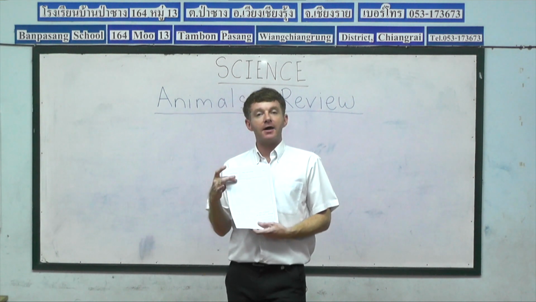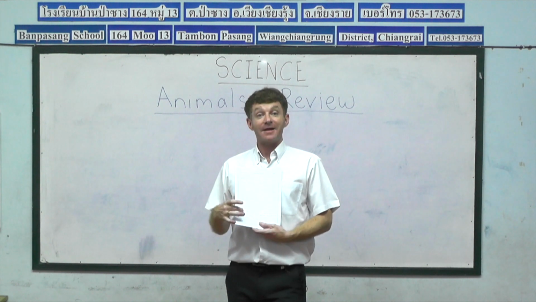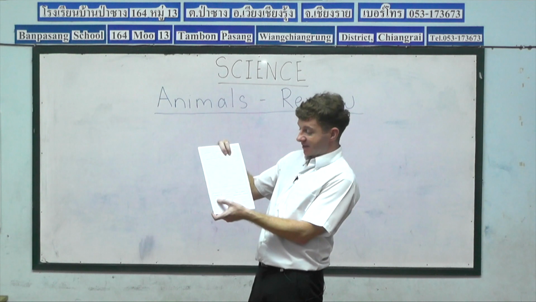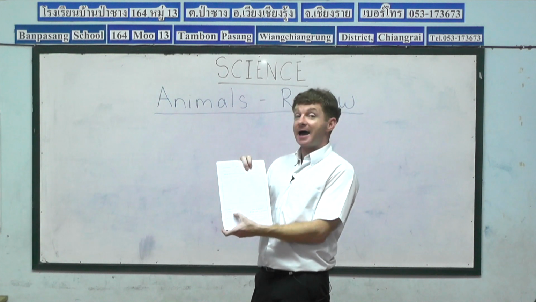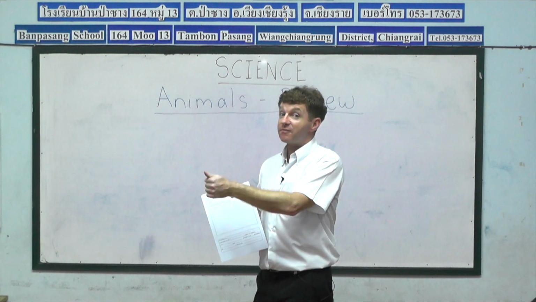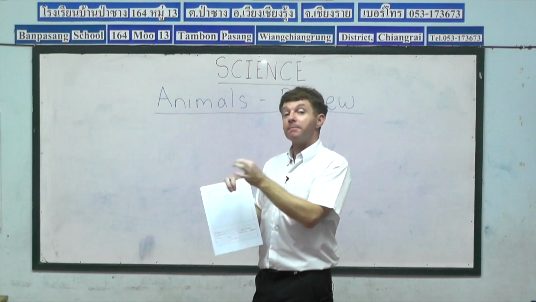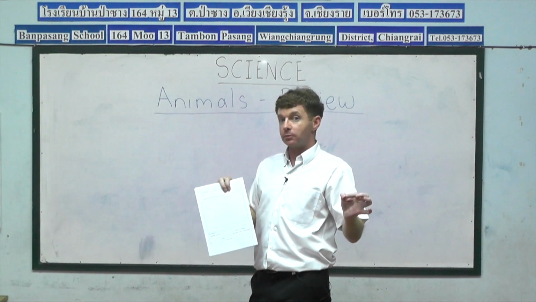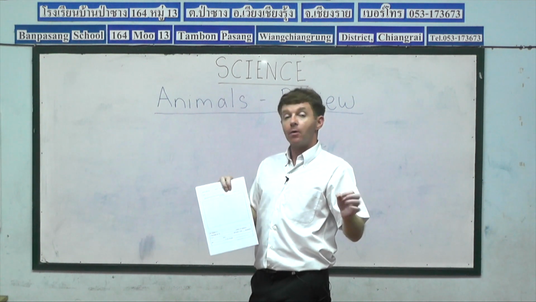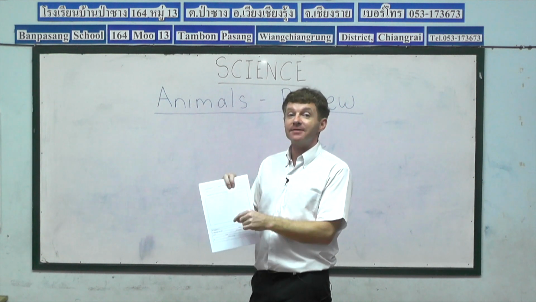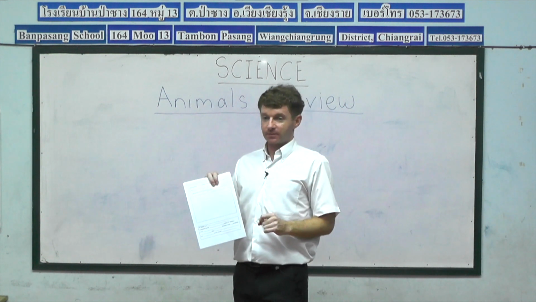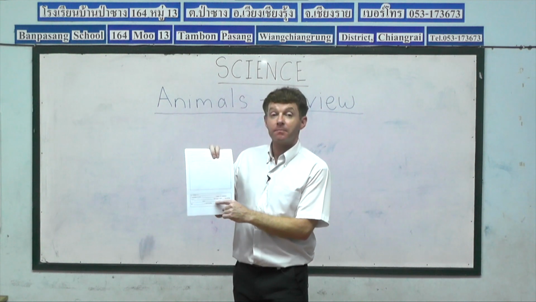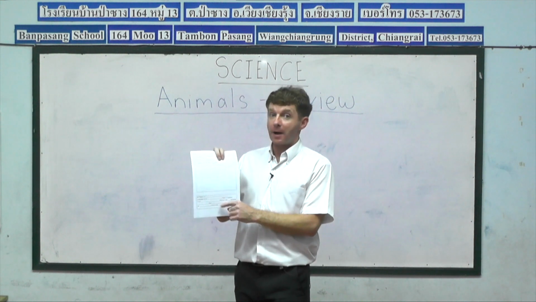Think about your animal and, using the knowledge that you've learned, write the correct category of the family of animal. And then the third sentence: it is a vertebrate because it has a backbone, or it is an invertebrate because it has no backbone.